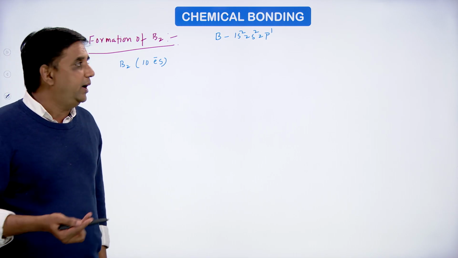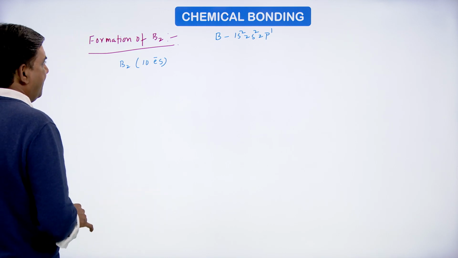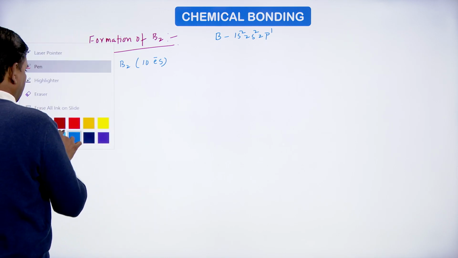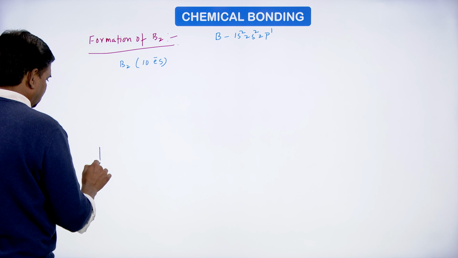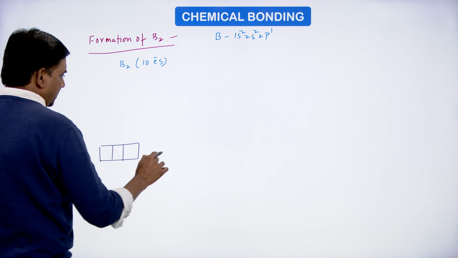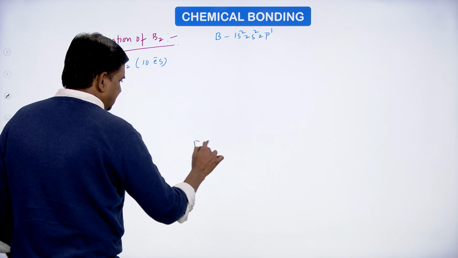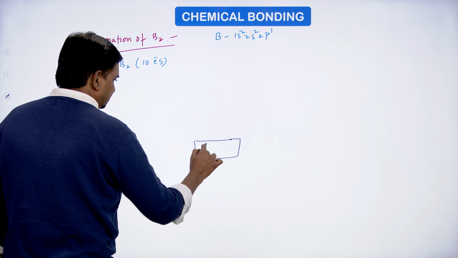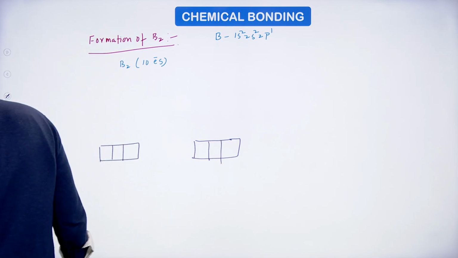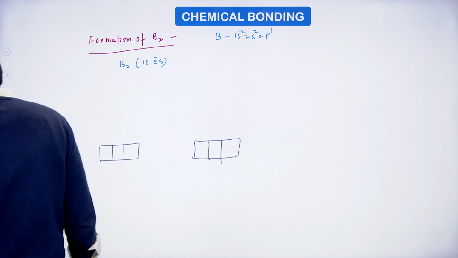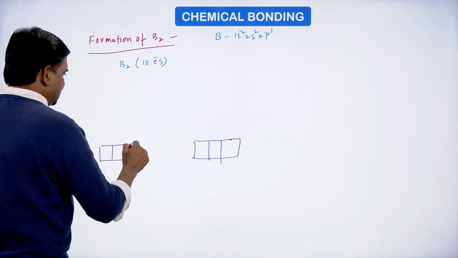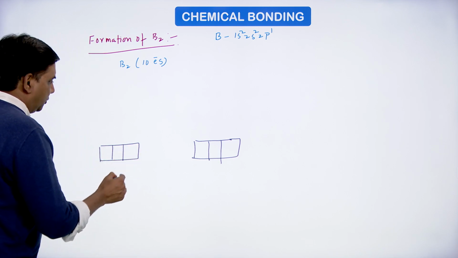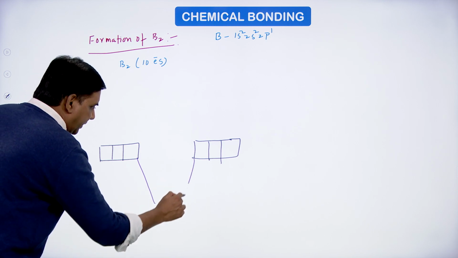Now 2p, how does it go? Now students, this is the 2p. Two p orbitals, and 2p orbitals will form like this. Up to here, what is the order? Px, Py, Pz.